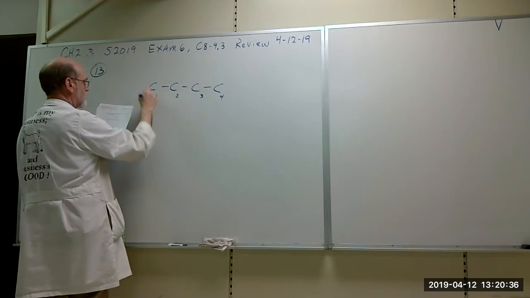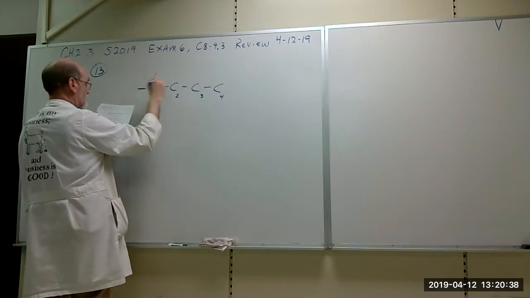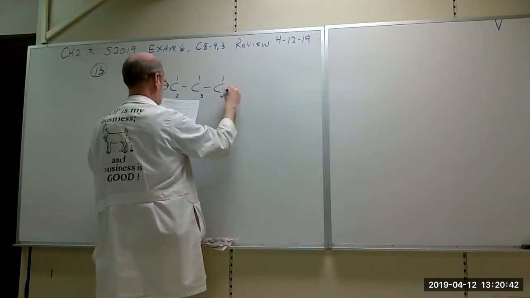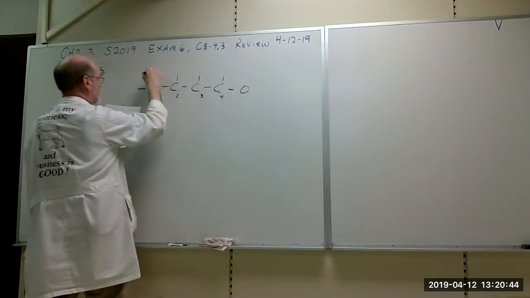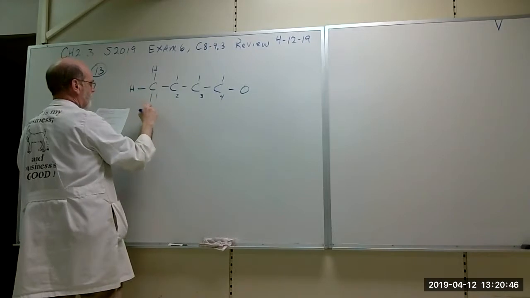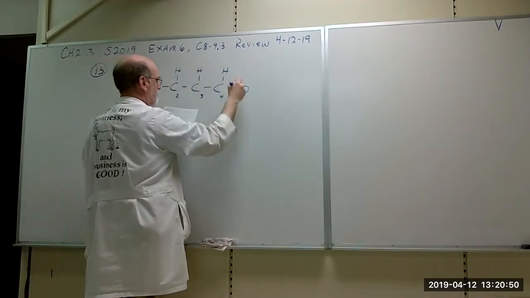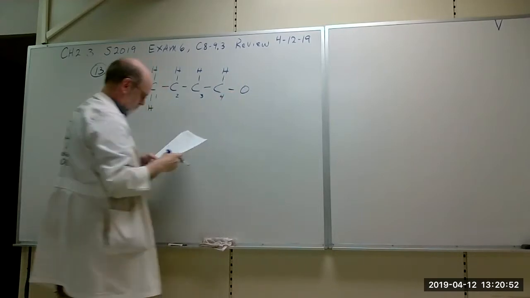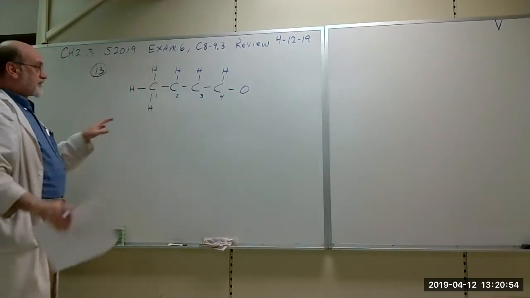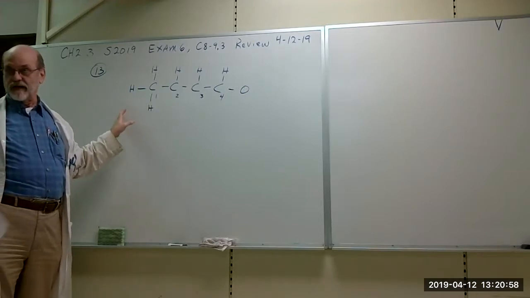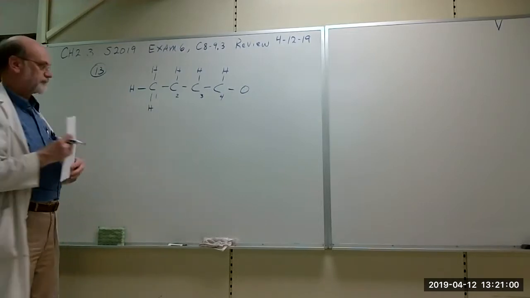And then you have, okay. Right, this is the skeleton. This is not the Lewis dot structure yet. Okay, so how do we draw the Lewis dot structure?